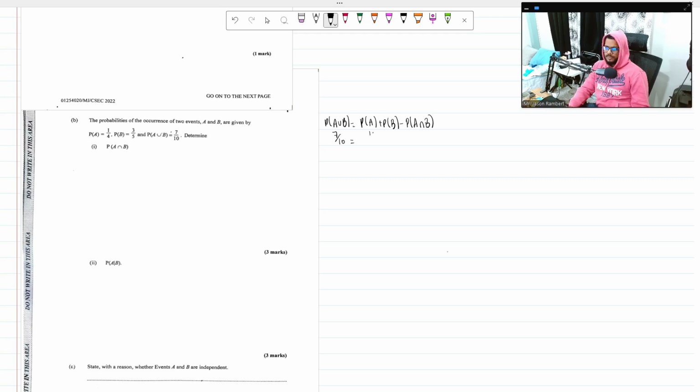Probability of A is a quarter. Probability of B is 3/5, minus the probability of A intersect B. So just rearrange, put the A intersect B in front. Probability of A intersect B is 1/4 plus 3/5 minus 7/10. A quarter plus 3/5.